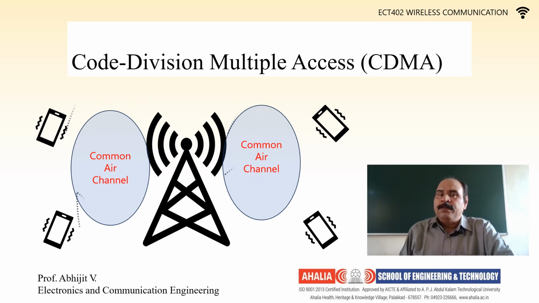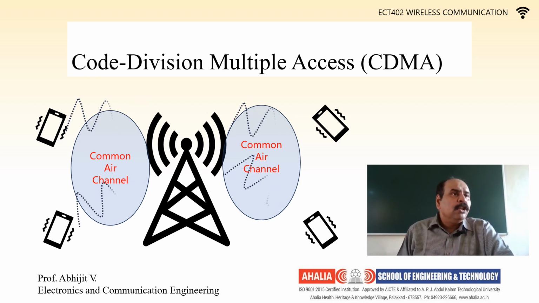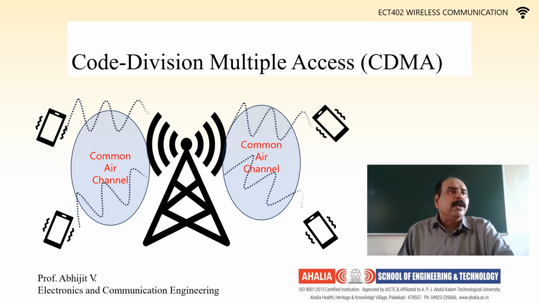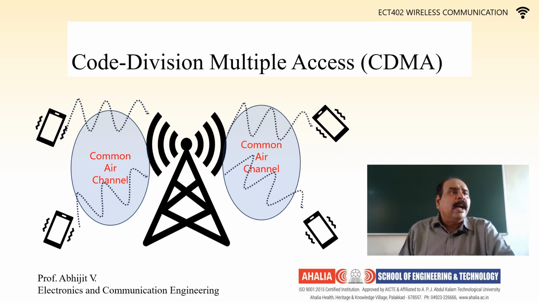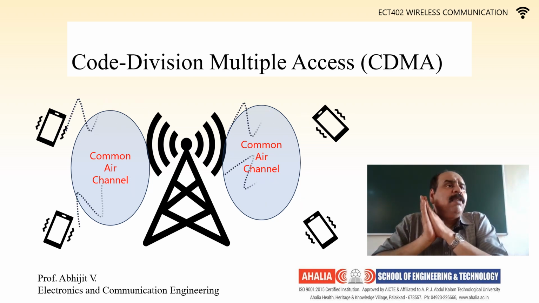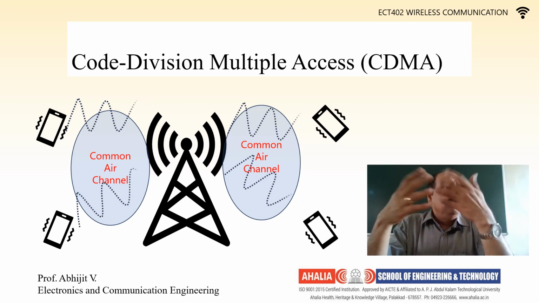In 1G systems and previous generation technologies, the problem we had was that either one frequency band or one time slot had to be allocated to a user, and this user could access only one particular channel at one particular time. A channel is fully dedicated to one user.